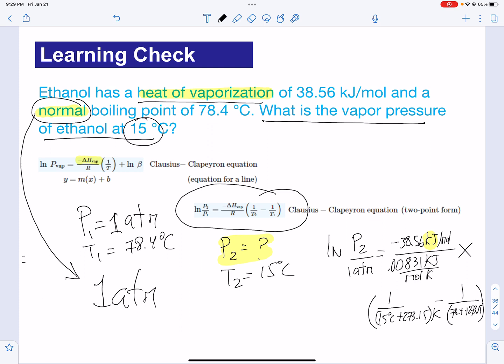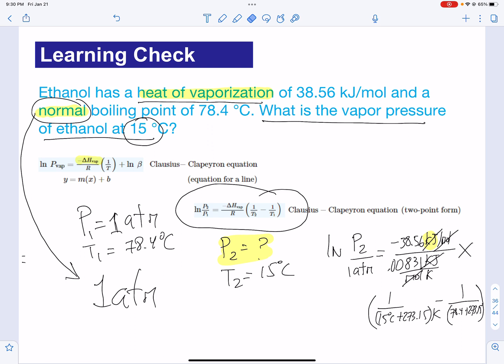When we do this, and I tend not to solve these problems, I just want to show you how they are done. The rest is just math. This is a chemistry class. Once I plug my numbers into the formula and I take care of the units, kilojoules cancel with kilojoules, moles cancel with moles, and the only thing remaining here is Kelvin.